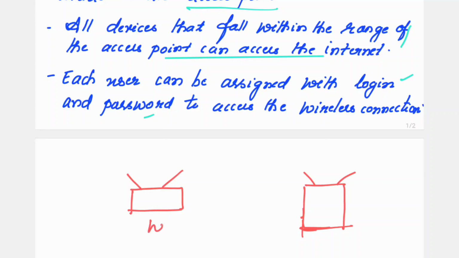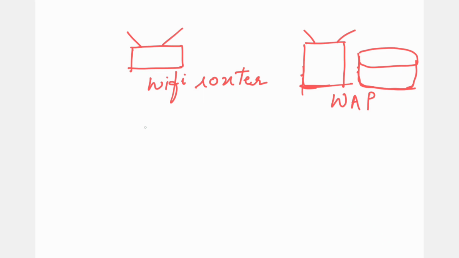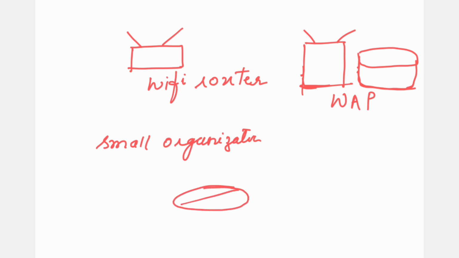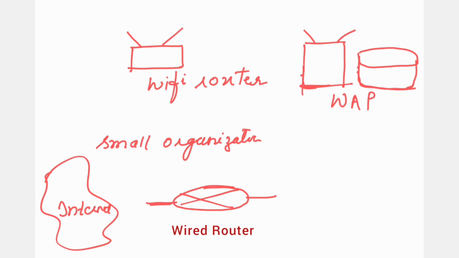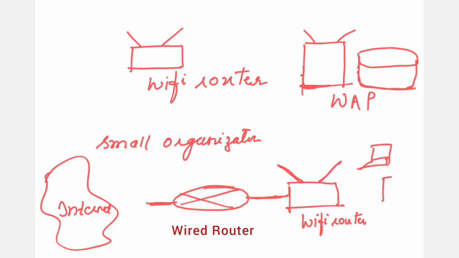Some points regarding the Wi-Fi router and the wireless access point. A Wi-Fi router is used basically in a small organization or at home. Suppose you have this Wi-Fi router, and it is connected to the router. The other interface of this router goes towards the internet, whereas one interface from this router is connected to the Wi-Fi router. The different devices which want to get a wireless connection, whether PC, laptop or mobile phone, can all have the wireless connection.